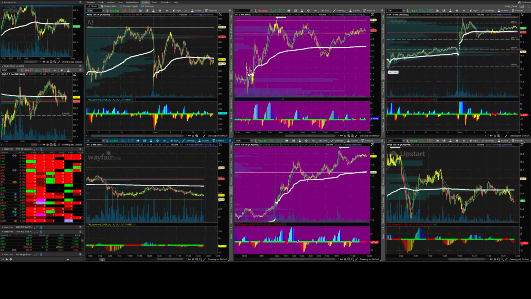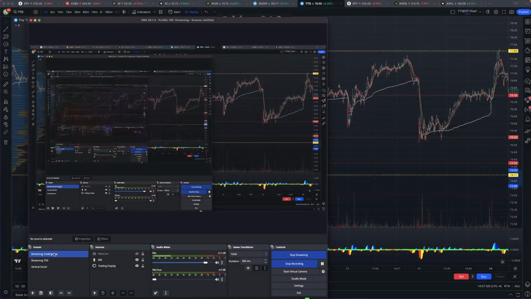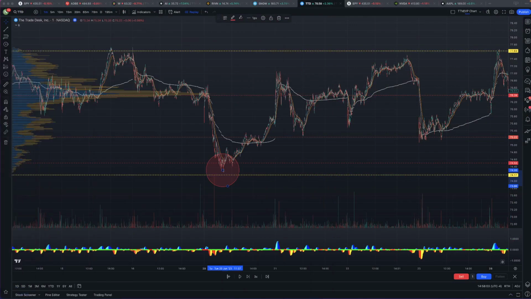And so I'll be able to show this screen as well. And so that's my Thinkorswim screen. Hopefully you can still see that. I'm going to switch back though. And so we can talk about those screens and how to set those up and all that, because I know a lot of you are in Thinkorswim.